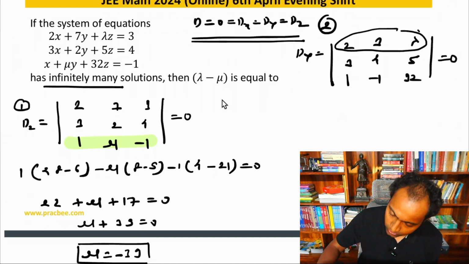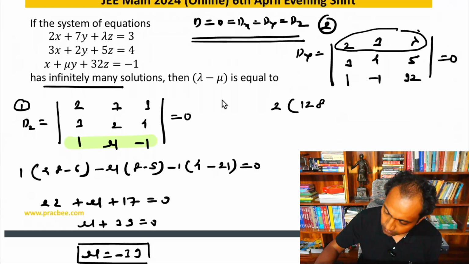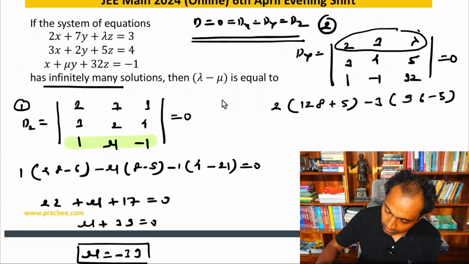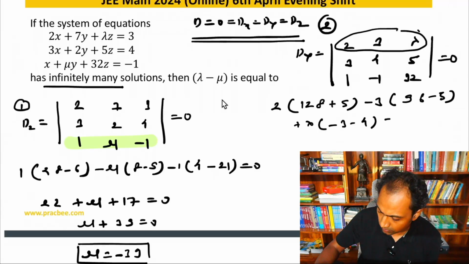This is 2 into 32 into 4, which becomes 128, plus 5, minus 3 into 32 into 3, 3 into 2 becomes 6, 3 into 3 becomes 9. So, this is 96 minus 5, and ultimately plus lambda times minus 3 minus 4 equal to 0.